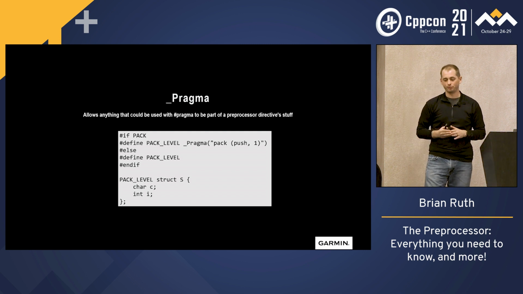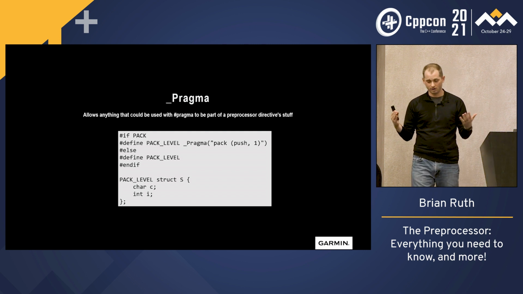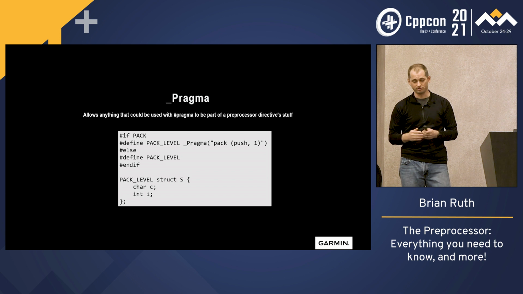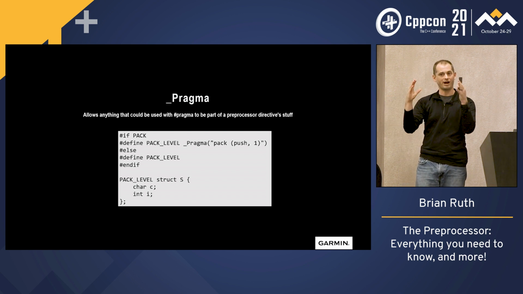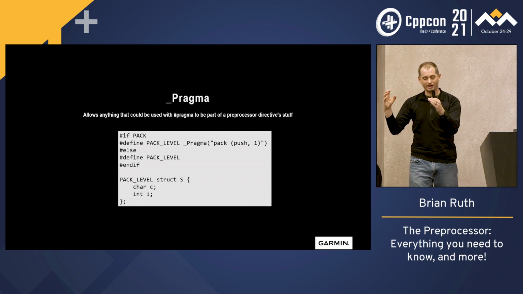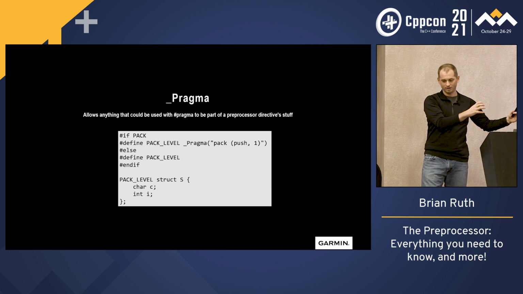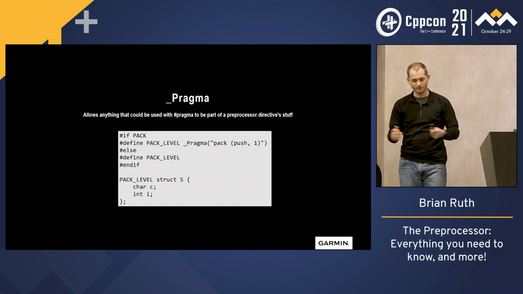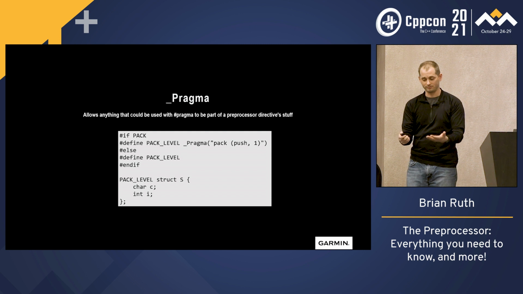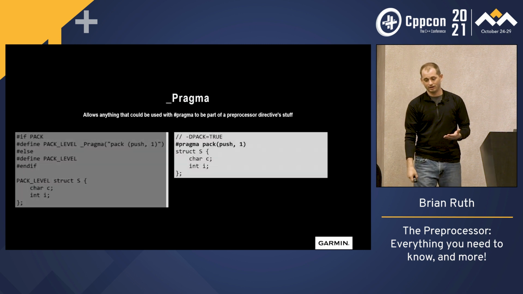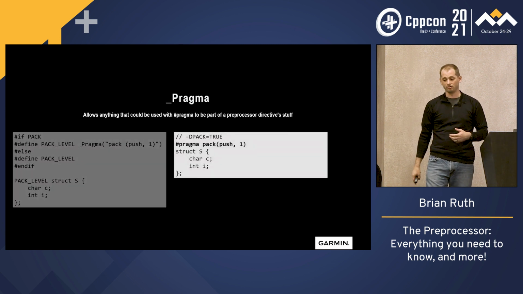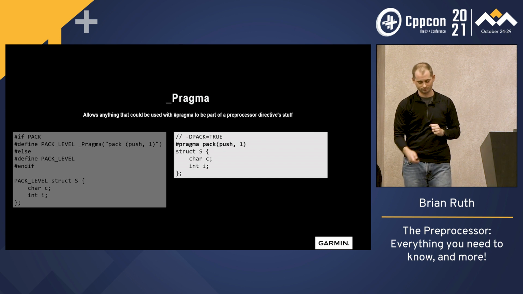So here, if we want to pack our struct, we can say pack level is underscore pragma pack push. So now we're actually defining a pragma in another object-like macro. Otherwise we're doing nothing. Basically it replaces that pack level with our pragma pack push.